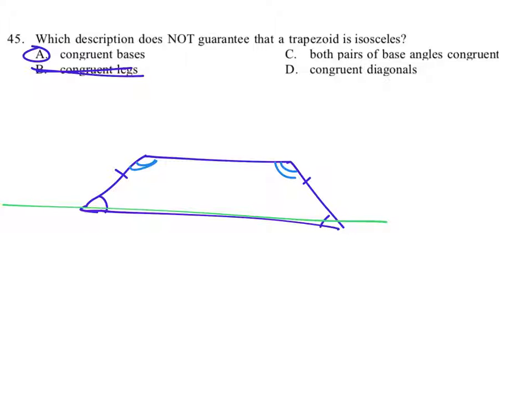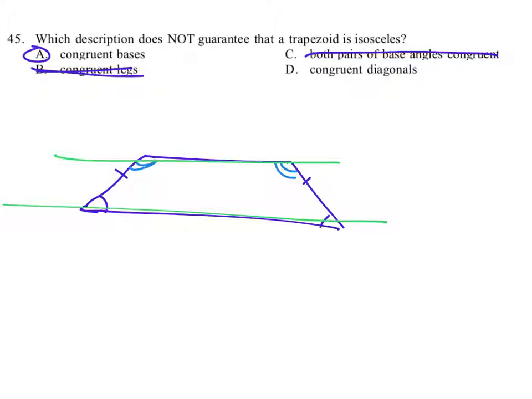If that is parallel to that, then we're getting same side interior angles, right? If these two base angles are congruent, then the other pair has to be as well. If this number is the same as this, then the other number that adds to 180 will be the same, okay? So I'm going to scribble that out.